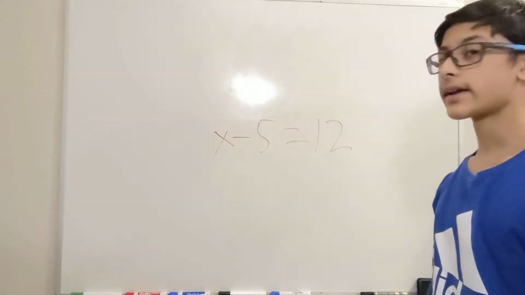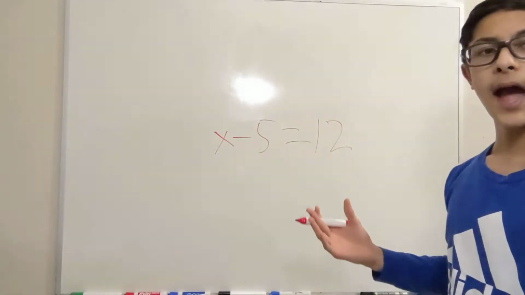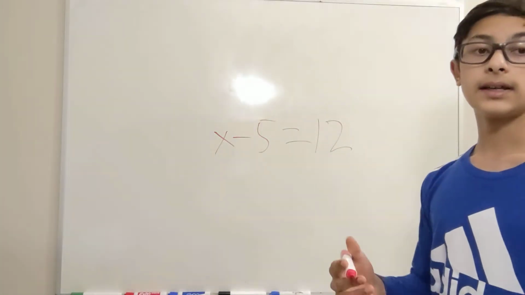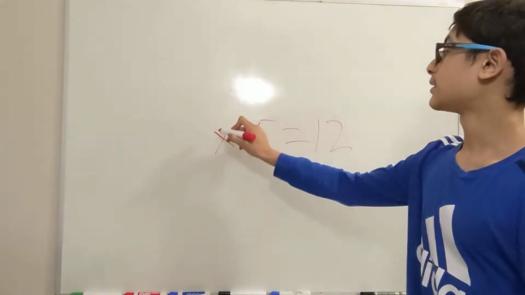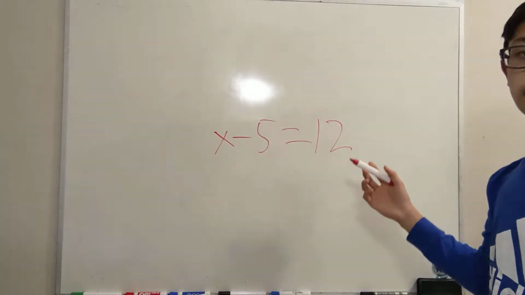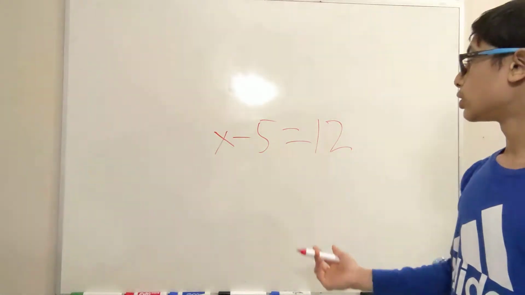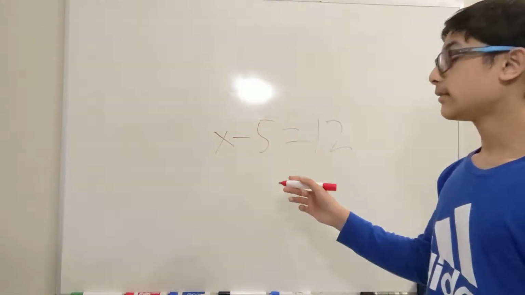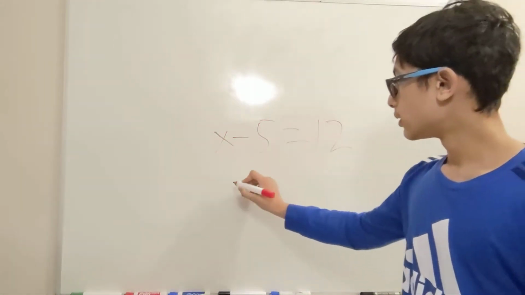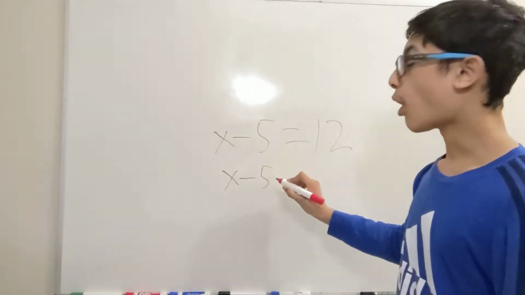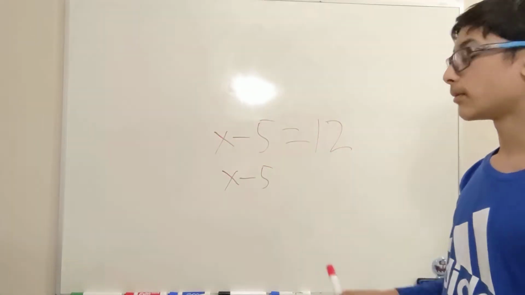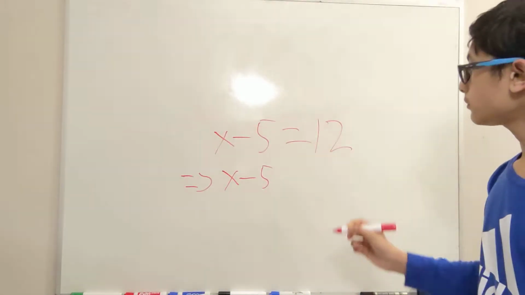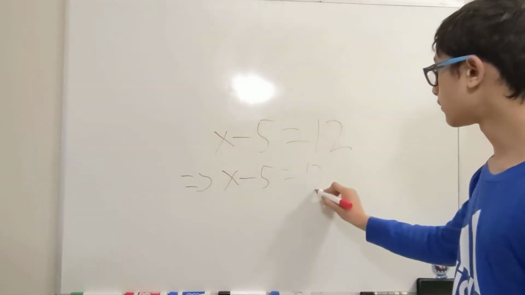So first, x minus 5 equals 12. How can we get rid of this minus 5? Because once we get rid of the minus 5, the x is going to be all by itself, and whatever's on the other side is what x is equal to. We can do this by adding 5 to both sides. Always write what you had first, and also put in your implies sign. So x minus 5 equals 12.